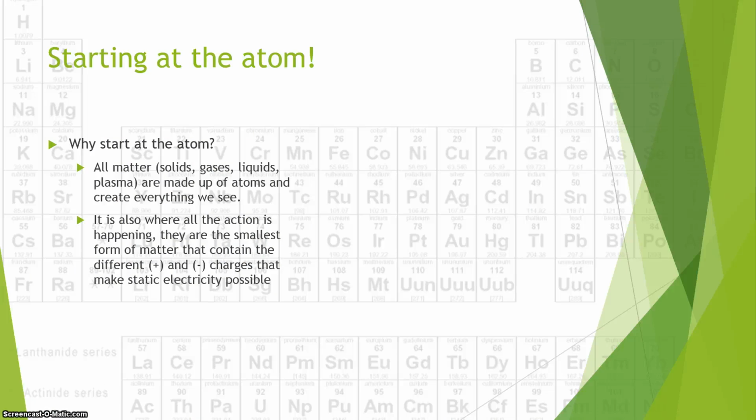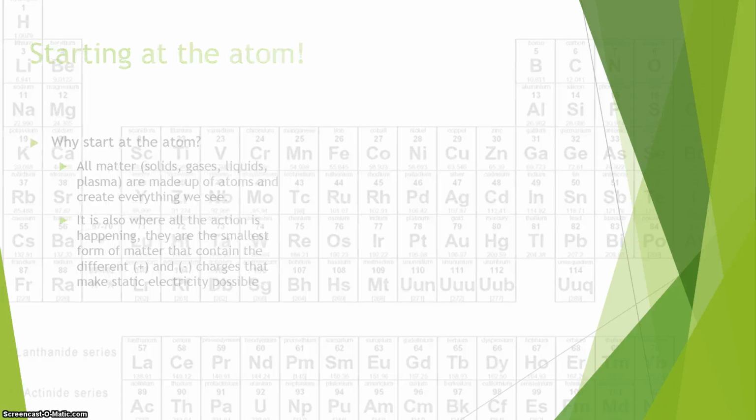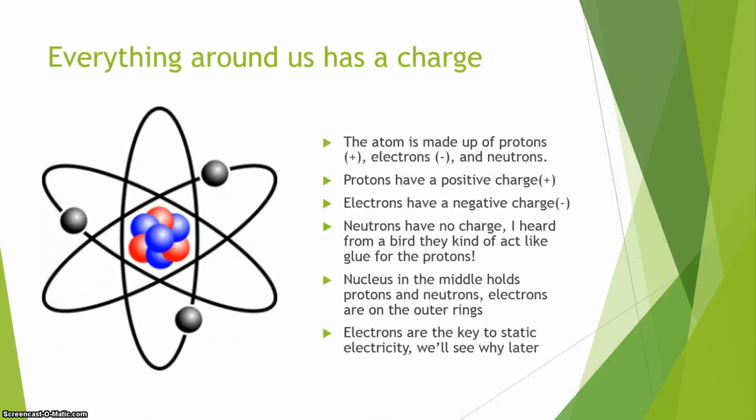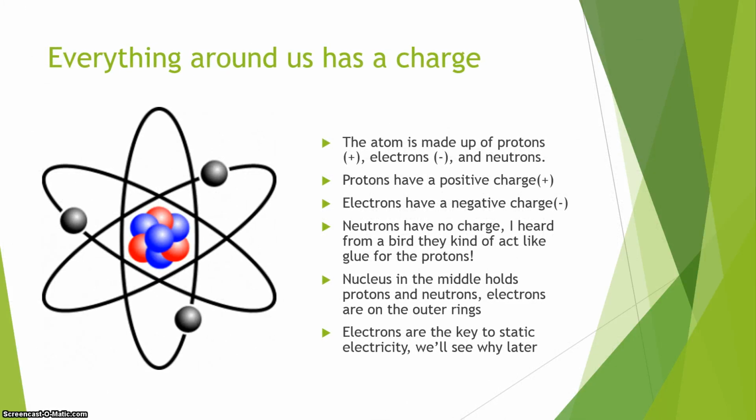Now we need to start all the way back at the atom. Why? Because the atom is in all matter. Everything's made up of atoms, and atoms contain different charges, which is what static electricity is all about. Everything around us has a charge, because everything is made up of atoms, except for certain things, which I won't go into.